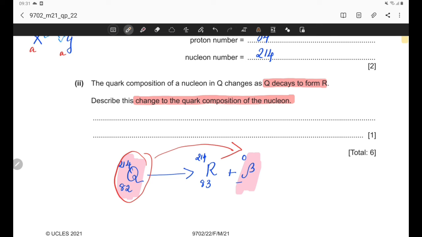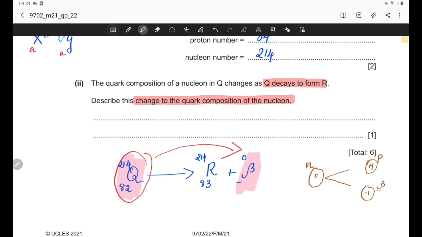One of the neutrons from the nucleus of Q, which has zero charge, will split into a positively charged proton with one positive charge and a negatively charged beta negative particle.